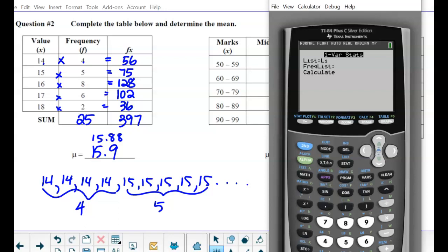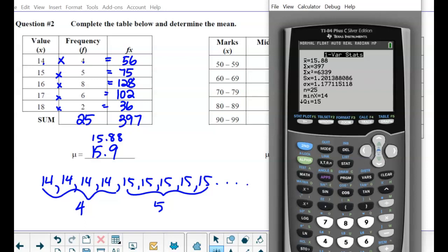Now you can see frequency list, that makes sense in this one. Where did we put the frequencies? We put them in L2. So L2 is second key, number 2 key. You can see the L2 on the actual calculator. Then calculate that.